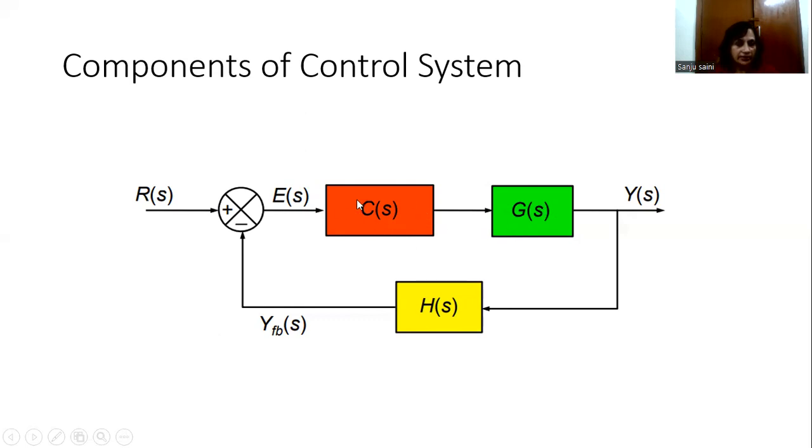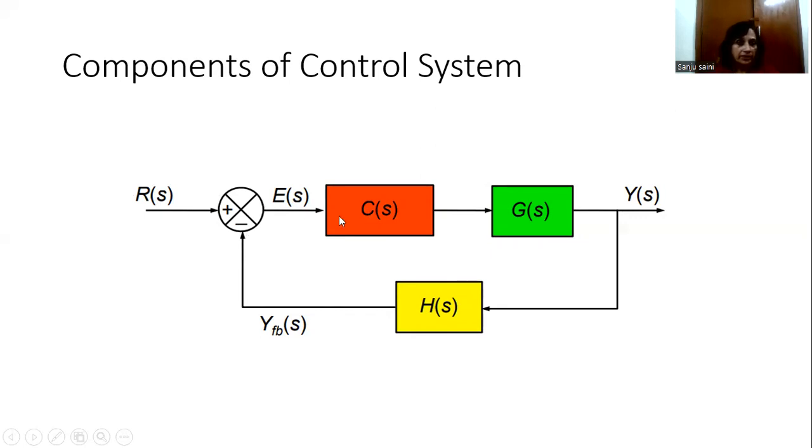Then C(s) is the controller that is controlling the plant. The controller is getting the input E(s). E(s) is the error. Error is the difference between the desired output R(s) and the actual output that is fed back towards the comparator through the feedback path.